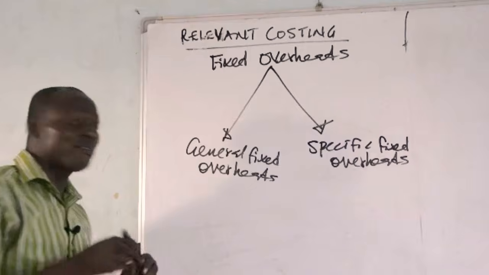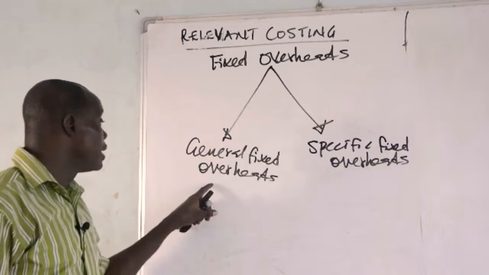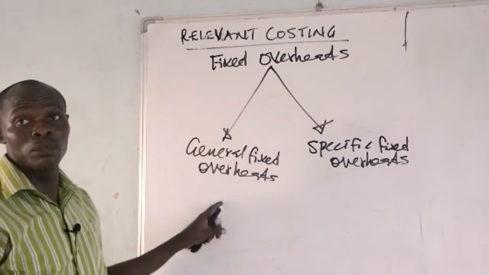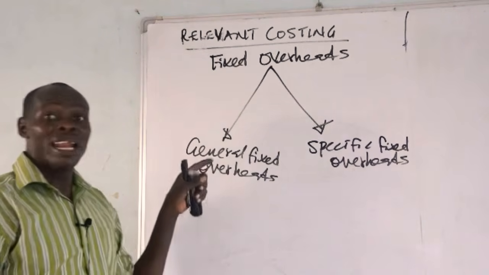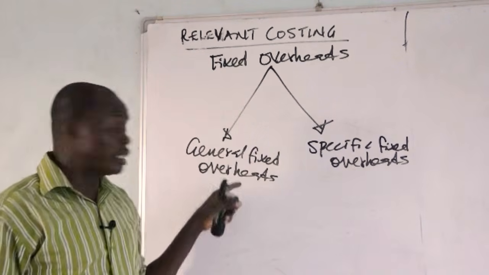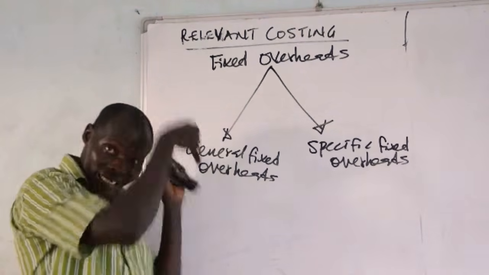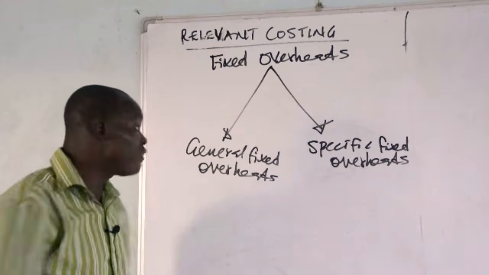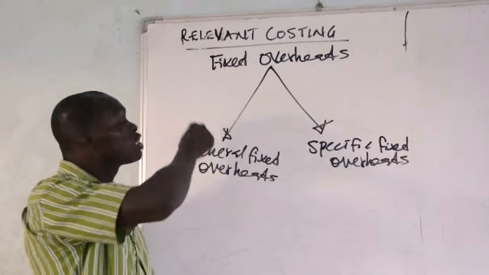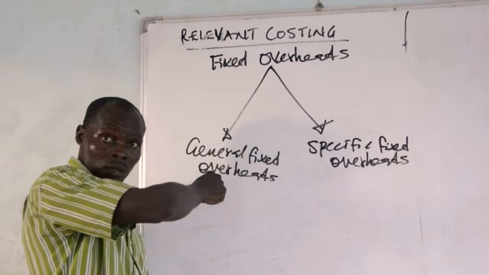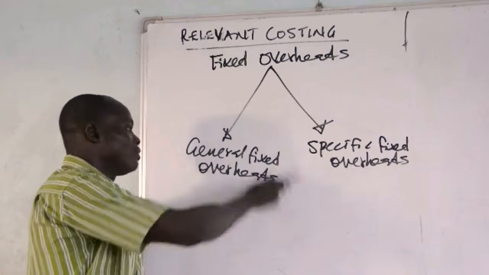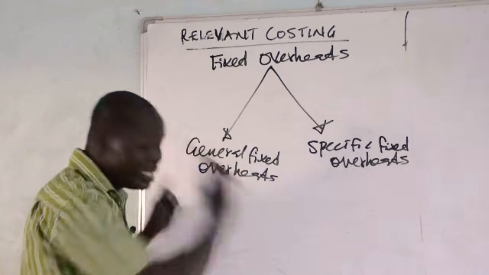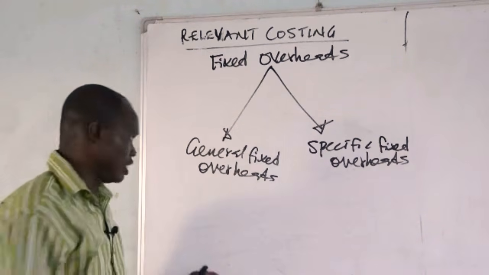General fixed overheads are fixed overheads that will be incurred whether the projects are launched or not. Whether you engage in production or not, these fixed costs will still be incurred. That fixed cost that will be incurred whether you are making that decision or not is called general fixed overheads. That means it will be fixed, irrespective of your decision.